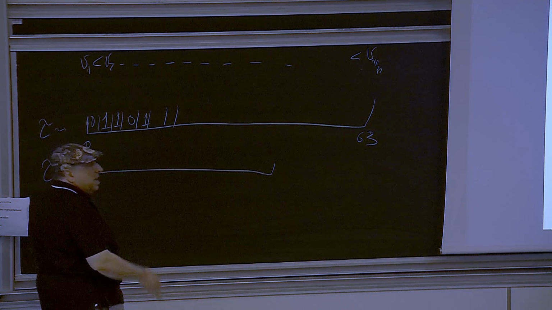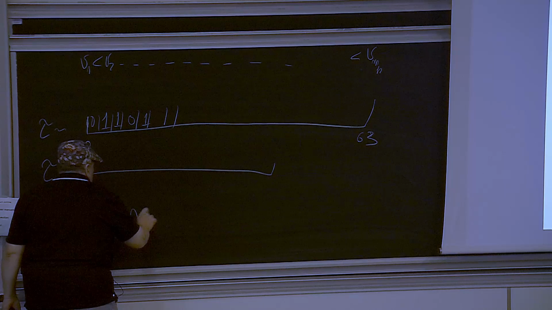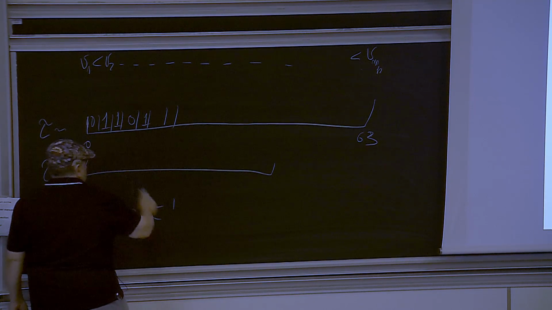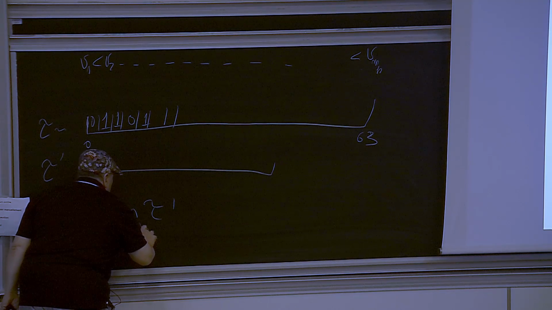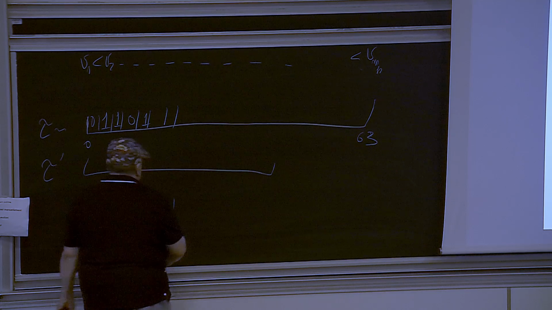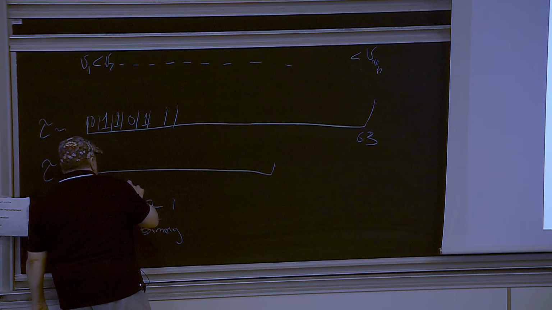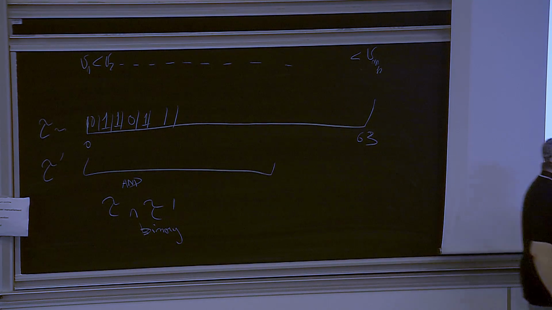The intersection of the two cells is just tau intersecting tau prime as binary numbers. It is an AND operation. Yes, it is an AND operation.